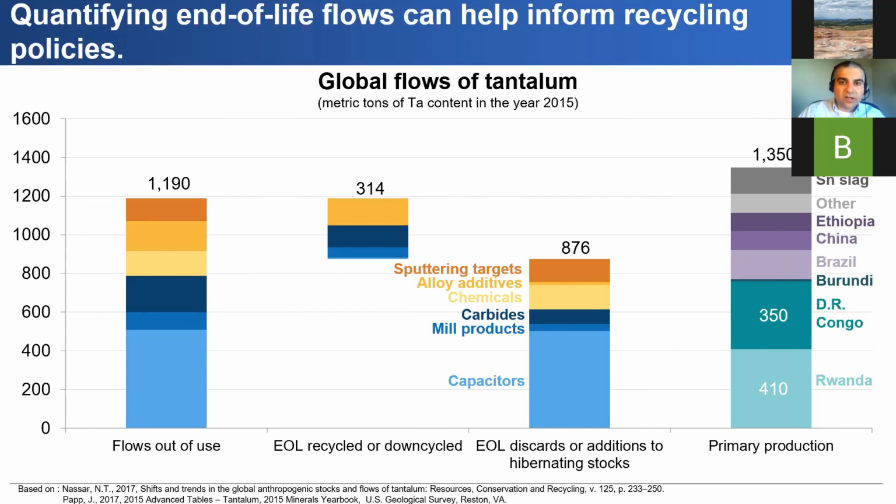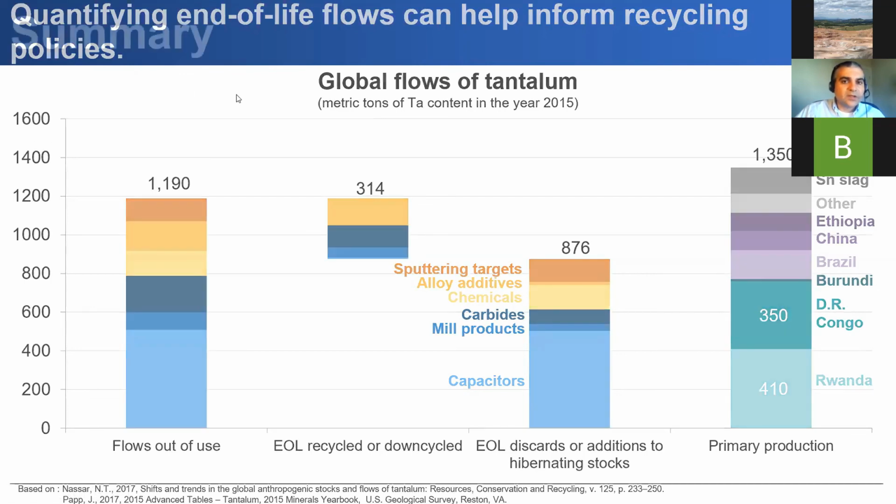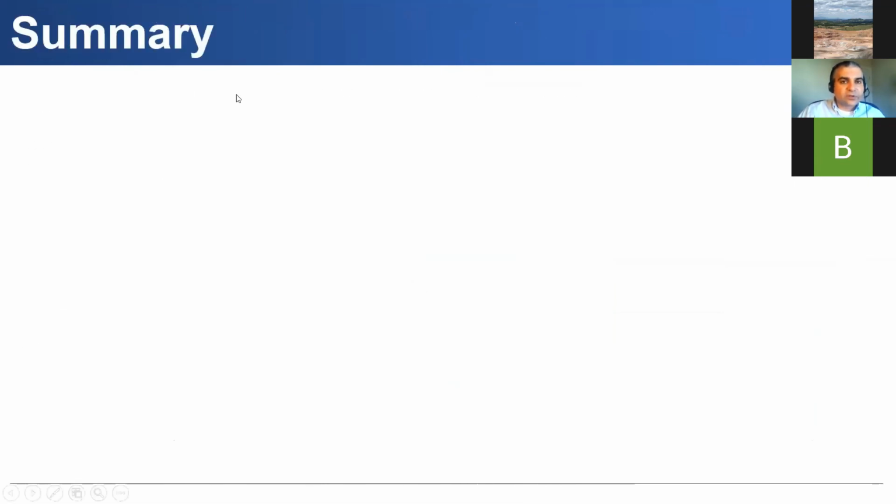Of course, that is a tall order, and obviously economics needs to play a role here, but we just wanted to get a ballpark estimate. Is this strategy even on the right order of magnitude, or is it simply too small to even make a dent for tantalum? Okay, so that gives you a flavor of the way we're thinking about it.